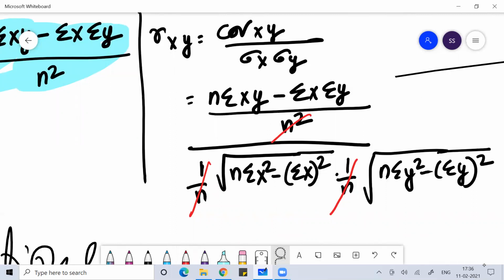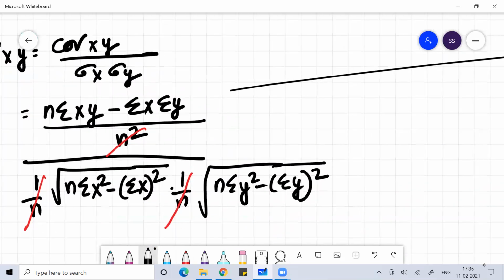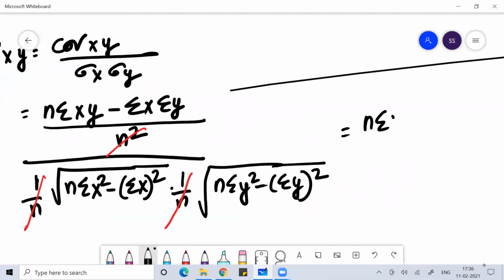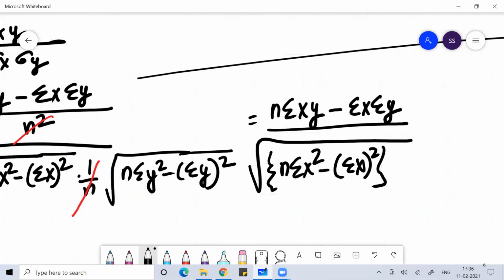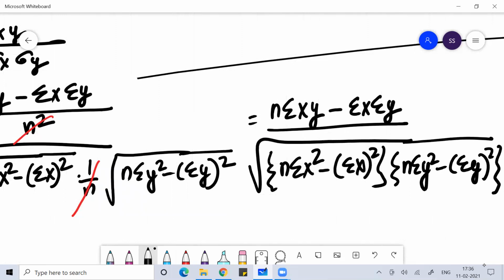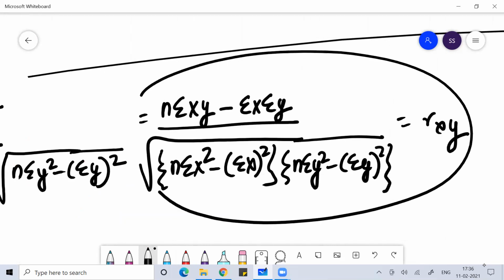So ultimately, if you see this, this is nothing but n summation of xy minus summation of x into summation of y divided by square root of n summation of x square minus summation of x whole square, and n summation of y square minus summation of y whole square. That gives you the formula of r of xy. That is one formula.